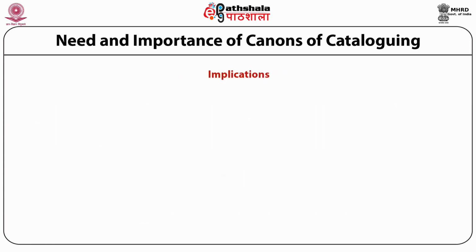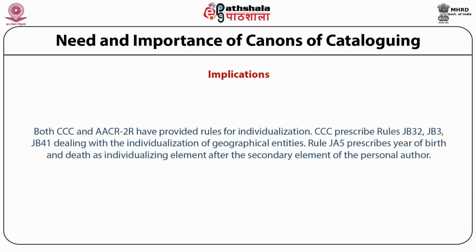Implications of Canon of Individualization. Both the catalog codes, CCC and AACR second revised edition, have provided rules for individualization. CCC prescribes rule numbers JB32, JB3, JB41 dealing with the individualization of geographical entities.